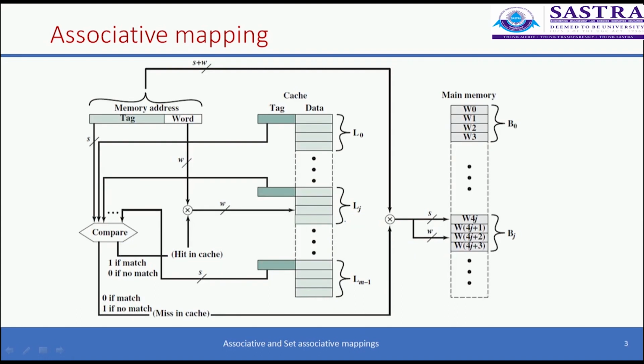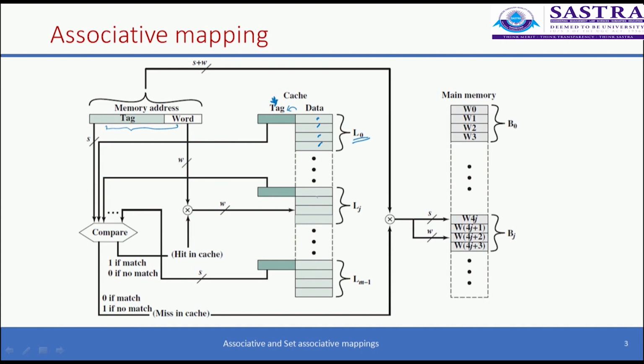So, here we can see the cache organization. The memory address is divided into 2 fields, a tag field and a word field. The cache lines have a tag field and the cache lines have words. This is line number 0. Line number 0 has these many words and this tag.